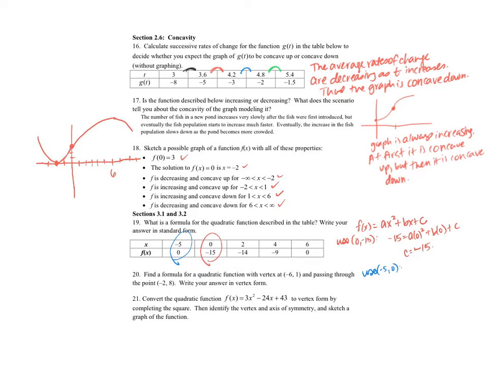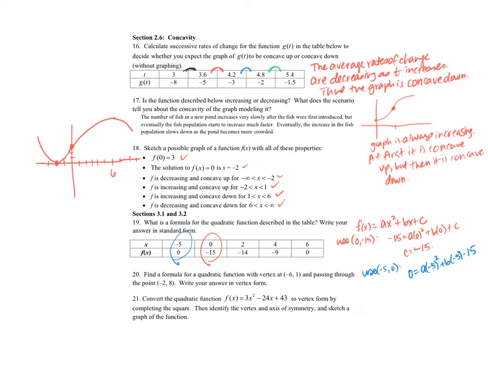So we'll put in 0 is equal to a times -5 squared plus b times -5, and then I already know what c is. It's -15. So go ahead and put that in place. So we'll do -15. And then I can get an equation that gives me values for a and b.